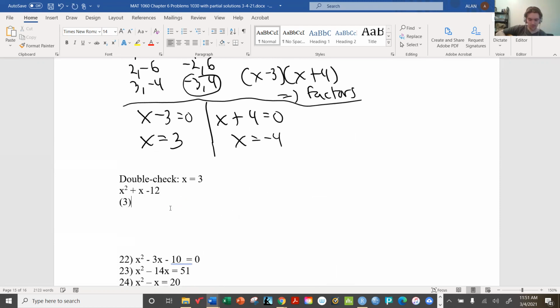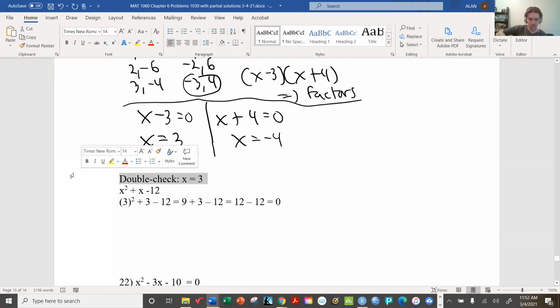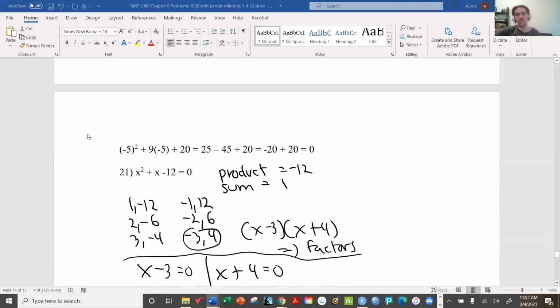Okay, so we'll have 3 squared plus 3 minus 12 is 9 plus 3 minus 12, 12 minus 12, 0. Oh, because this x, let's go back here. There's an implicit 1 here.